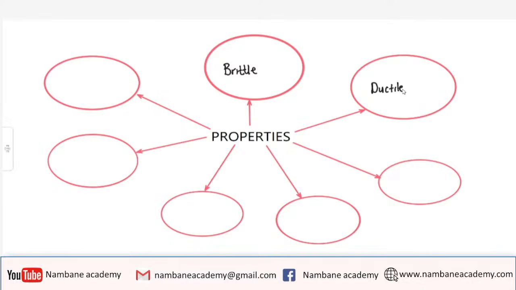What does that mean, and how can you imagine if it is ductile or not? The next is malleability: is it malleable? So brittle, ductile, malleable. Then the fourth one I want to call physical properties, which will be aspects of boiling point or melting point.